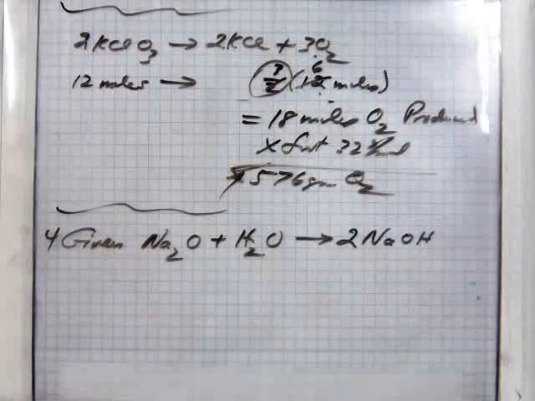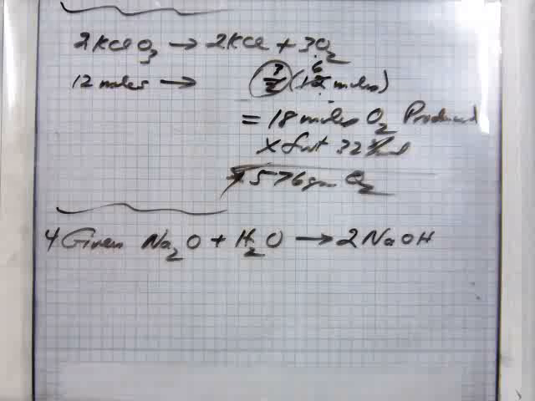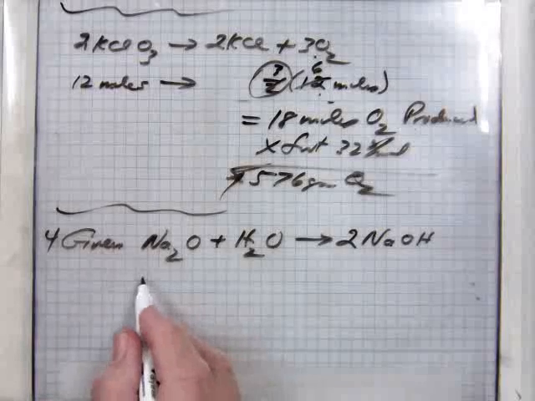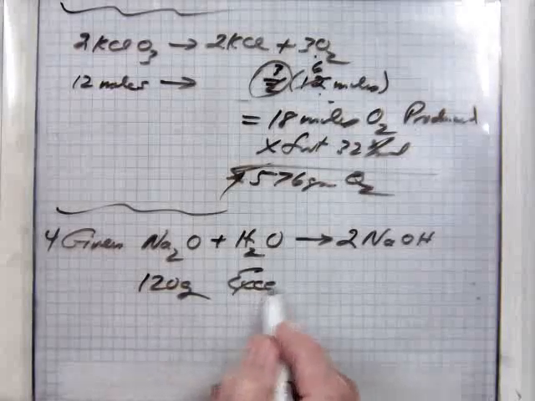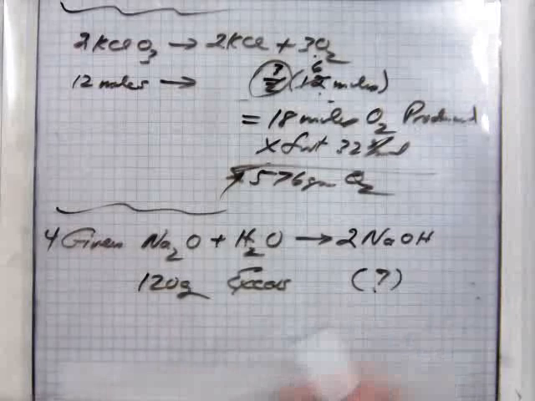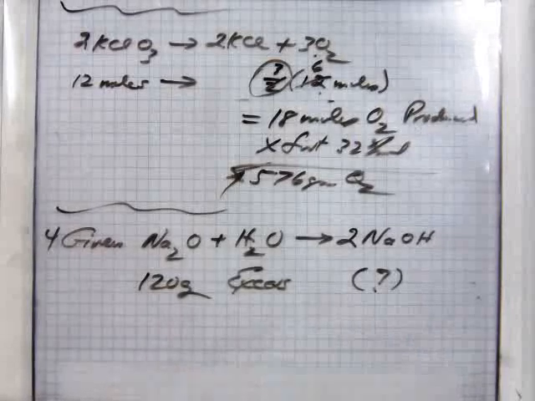Okay, how many grams of sodium hydroxide is produced from 1.2 times 10 squared, 120 grams of sodium oxide? So we're given 120 grams, and we'll say that's in excess. And so how much of the sodium hydroxide are you going to get?